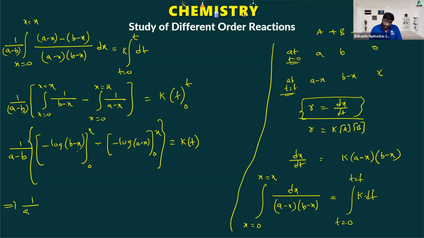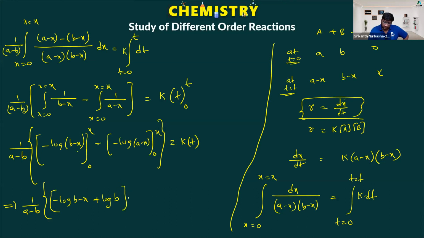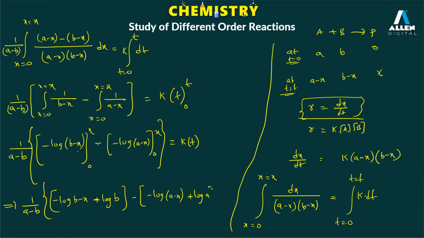So we'll get the expression 1 by a minus b into x, you substitute negative logarithm of b minus x, then you will get negative logarithm of b minus x minus log b. Minus into minus becomes plus or not? Yes, sir. So same thing you do again: log a minus x plus log a is equal to kt.